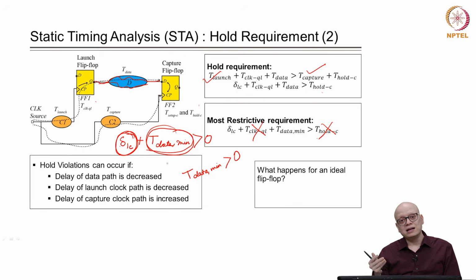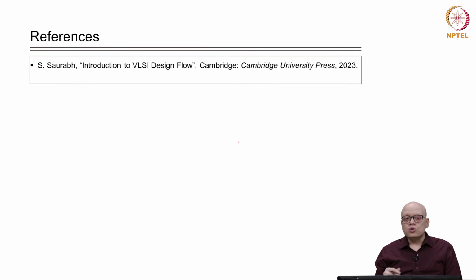Then we have a better picture of hold violations, and we fix the relevant hold violations in our design. If you want to look into these concepts in more detail, you can refer to this book.